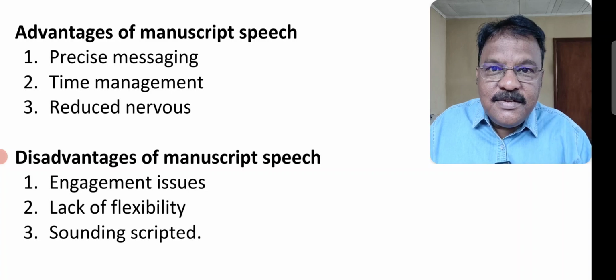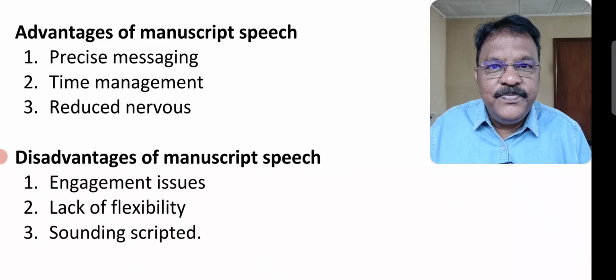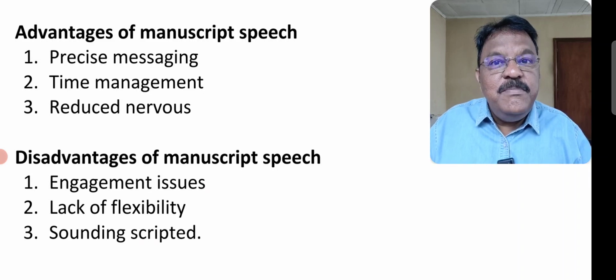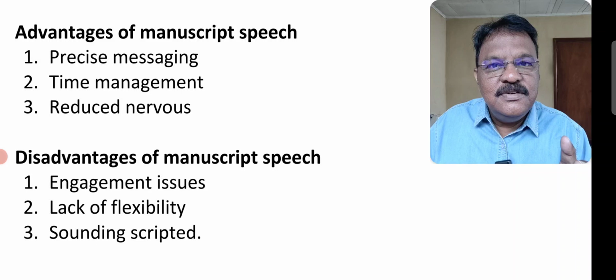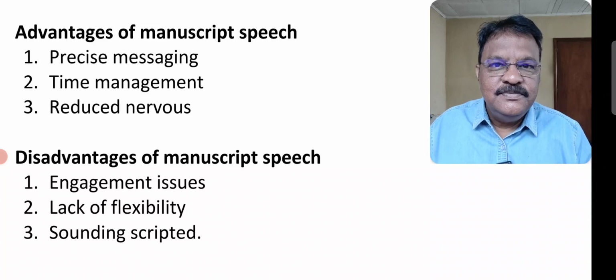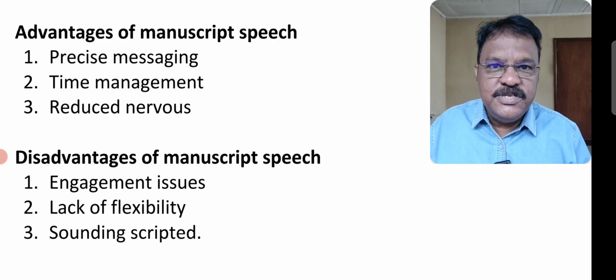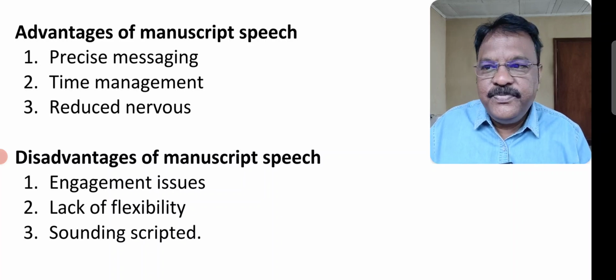We look like we will be responding to them if they ask any question to us. So my dear friends, that's how we may lose engaging ourselves with our audience directly in manuscript speech. This is really a disadvantage in manuscript speech.